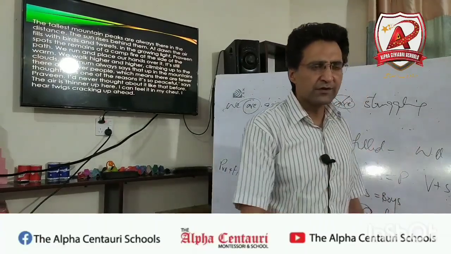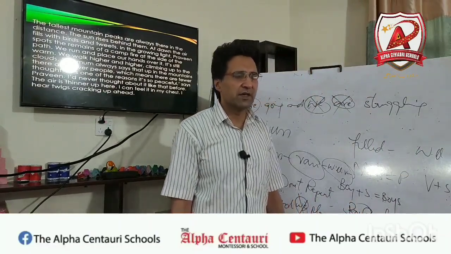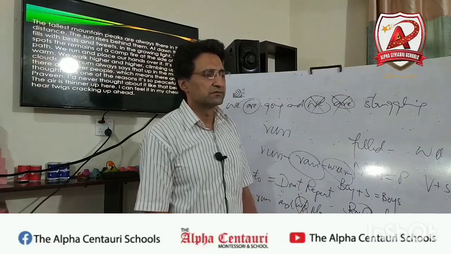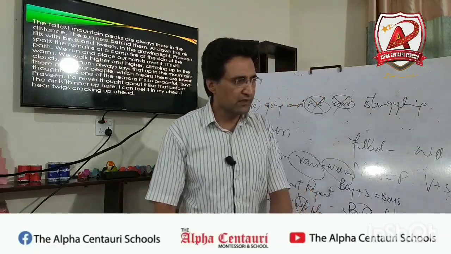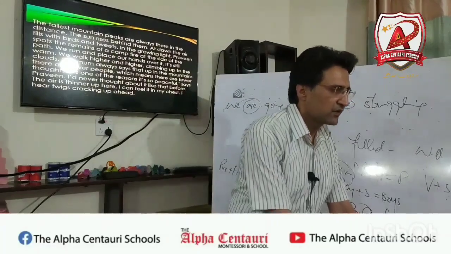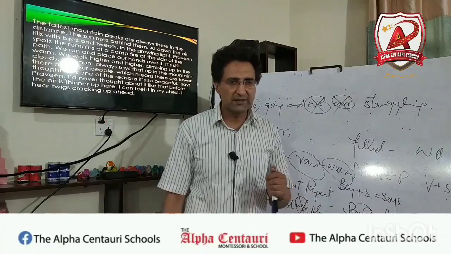There must be coals. Sometimes fire is not there, ji, but heat is there or not? It is there. So they go there and place their hands over it to warm their hands. Clear, ji?